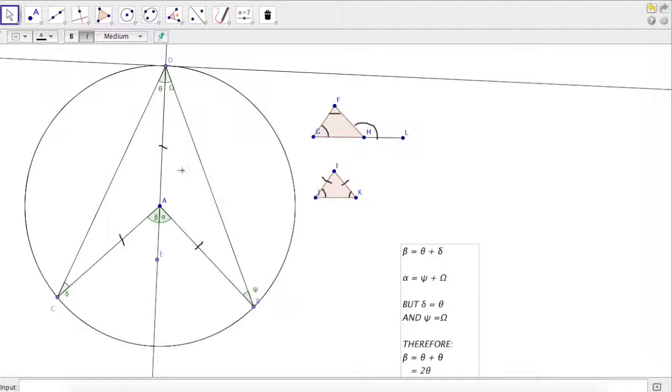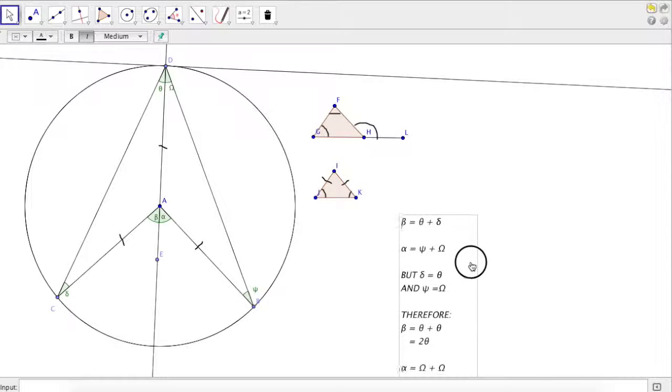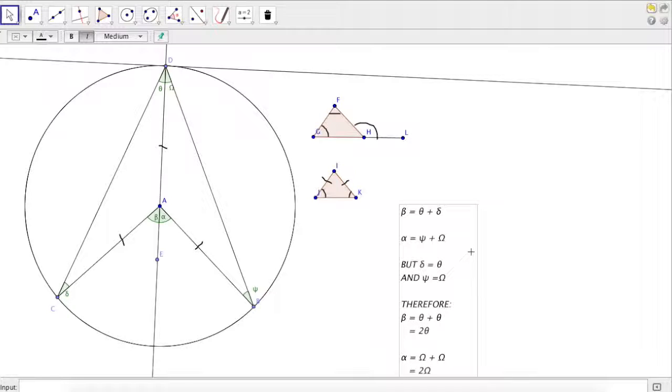And we also said that alpha is equal to omega plus psi, and since psi and omega have the same value, alpha is equal to 2 times omega. Alpha and beta are at the center of the circle, and alpha and beta together make up the angle that is at the center of the circle.